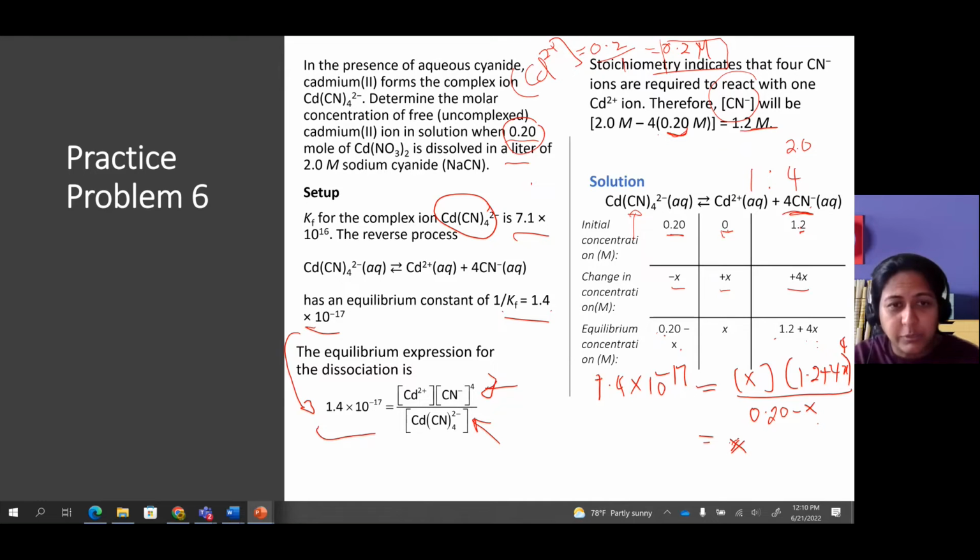I don't want to scare you that you have to solve this type of mathematical operation. You don't need to worry about that. I would not give you that hard a mathematical operation to solve in the exam, but I just wanted to go through the procedure. That's how you can calculate the free cadmium concentration, which is x. You solve this equation and you will find x. The x would be the uncomplexed cadmium 2 plus concentration.